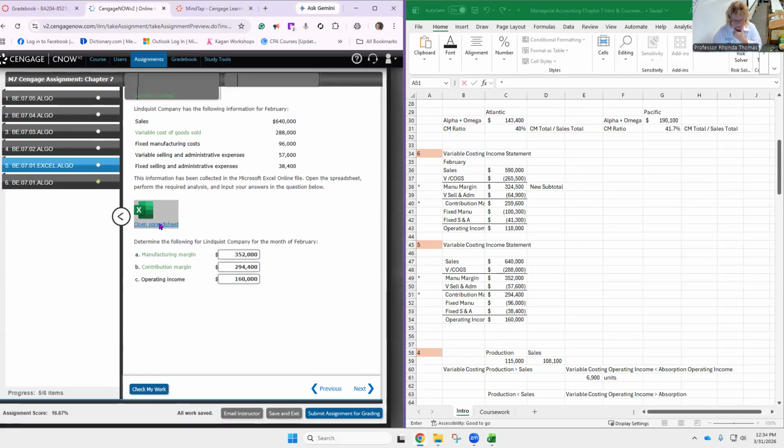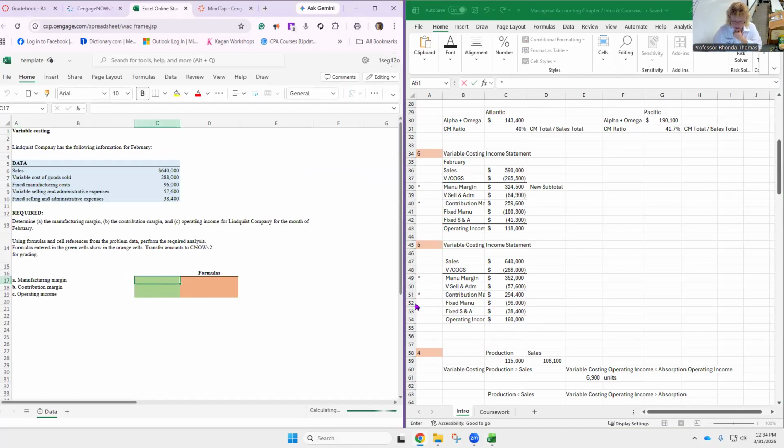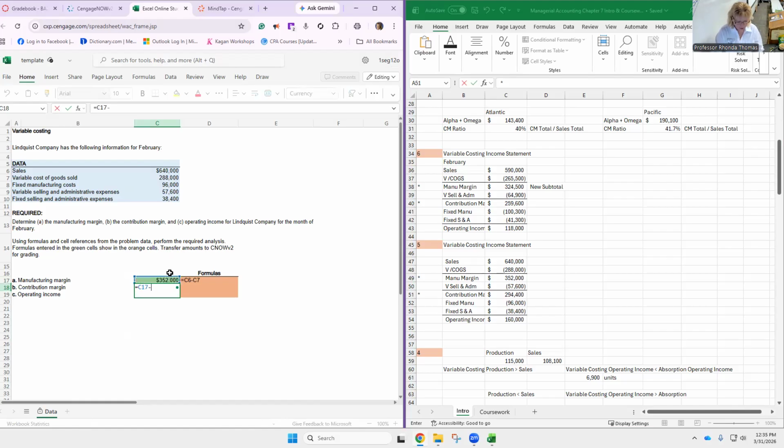Okay, here's the open spreadsheet. You need to follow along with how we got manufacturing margin. It's equal to sales less variable cost of goods sold. Then contribution margin is the manufacturing margin that you just found, subtracting the variable selling and admin.